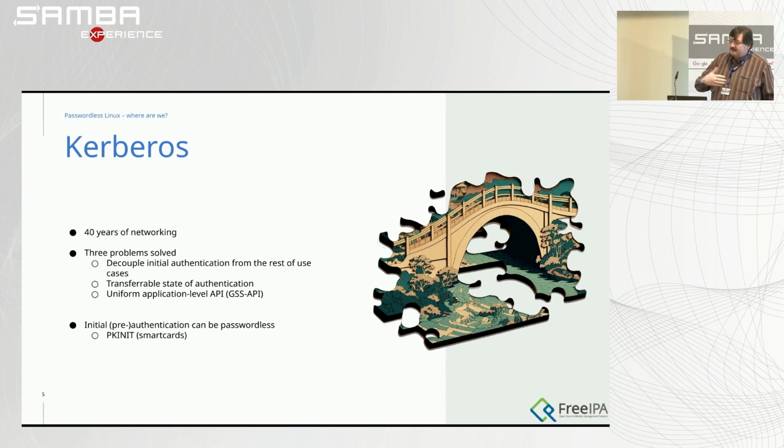For lateral moving, the natural thing over the past 40 years, let's say, is Kerberos. Okay, 30 years in reality, but we get there because all these ideas float around at that point. And Kerberos actually solves three different problems.